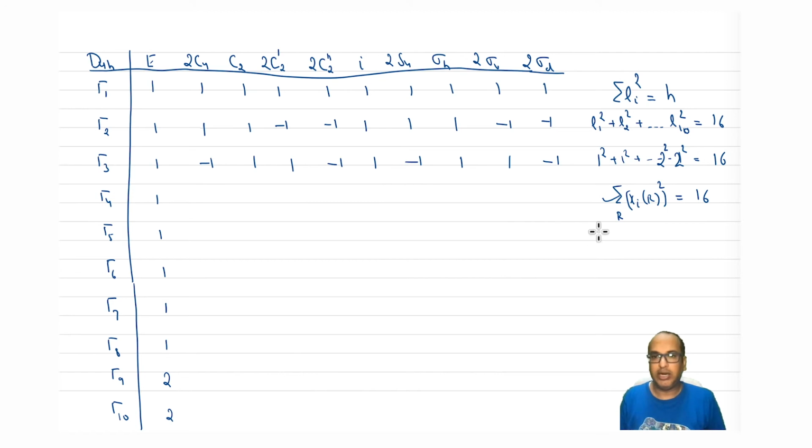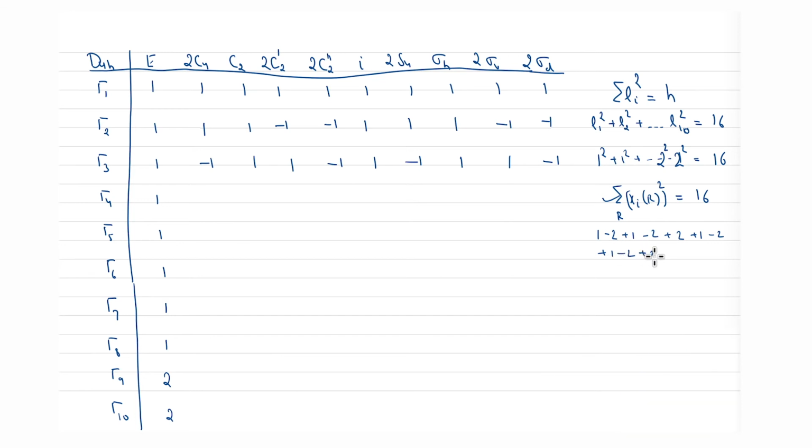Let's just quickly write down: 1 minus 2 plus 1 minus 2 plus 2 plus 1 minus 2 plus 1, and we have minus 2, and we have plus 2.